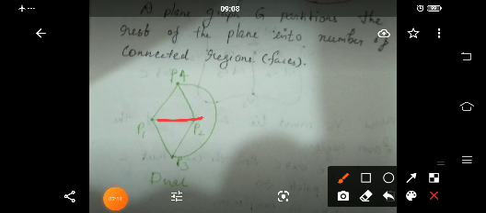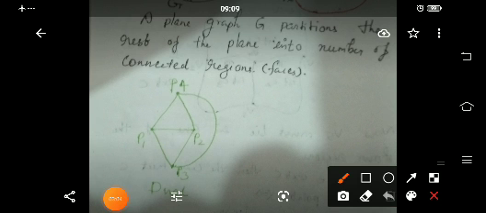Okay, then P1 connected to P2, P1 connected to P4, P1 connected to P3, then P2, P4, P2, P3, also P3, P4, connecting these edges, because from the graph the adjacent partitions are P1 to P2, P2 to P3, P1 to P3, P3 to P4, etc. Like this, we connect all these using vertices.